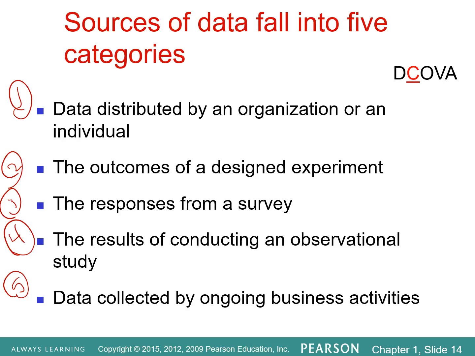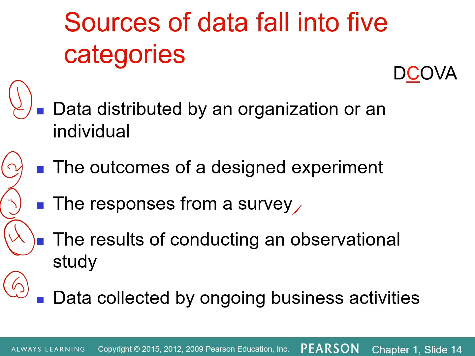So data distributed by an organization would be the national census, right? Outcomes of a designed experiment, that would be like flipping a coin, right? Responses from a survey, a hospital taking responses, are you very satisfied, and all the way down to, are you very unsatisfied? Results of an observational study.